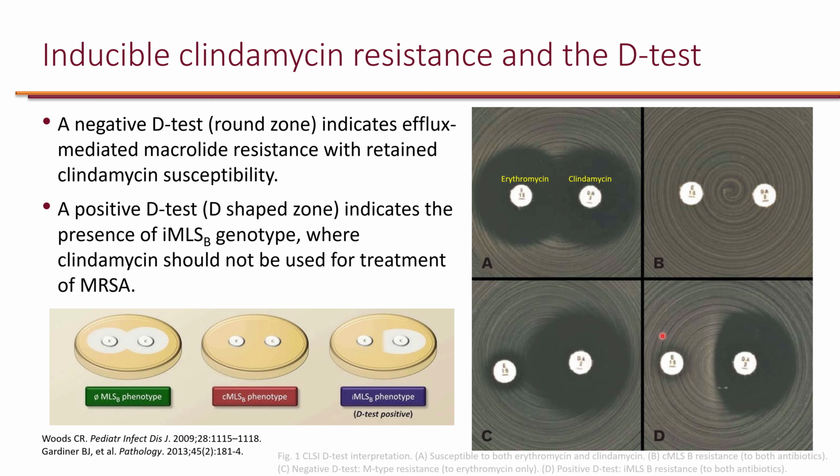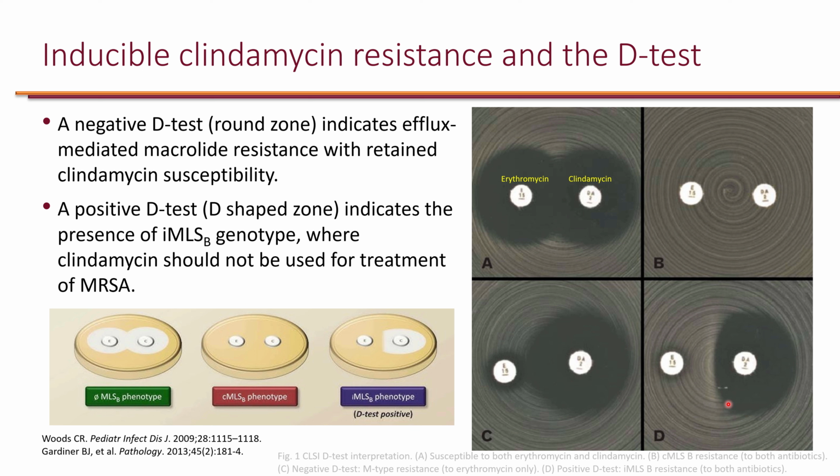The D-test is that if the same test shows you a D-shape instead of a complete circle, it essentially means that, because obviously this is resistant to erythromycin, and erythromycin is diffusing through this plate, the area that's close to erythromycin, because there is some erythromycin in this area over here, has essentially induced resistance to clindamycin.